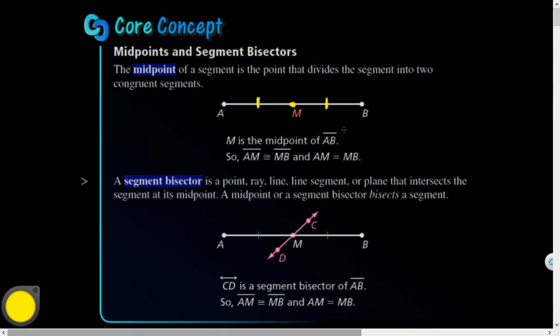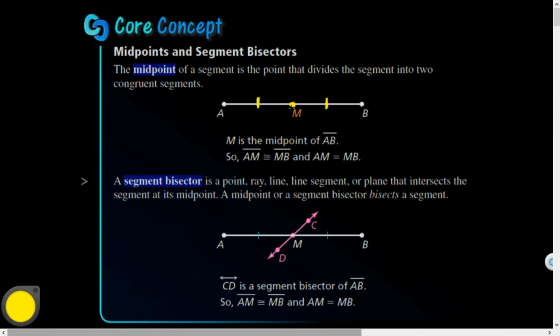This is the definition of midpoint, which, by the way, "def of MP" we'll have to refer back to later when we're doing proofs. So M is the midpoint of AB. That's how you could symbolically write it. Therefore, AM is congruent to MB, and if they are congruent, their measures or distances are equal.